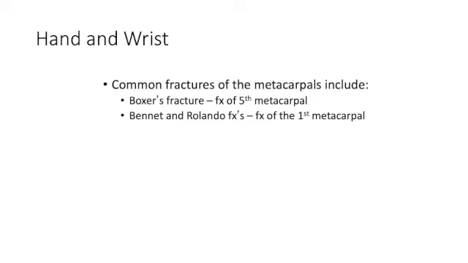Obviously, boxers come down, they punch with their hands, and a lot of times, as they are scraping their hands across the opponent's face or body, the actual loading at the fifth metacarpal will cause a fracture. Bennett's and Rolando's fractures are fractures of the first metacarpal.